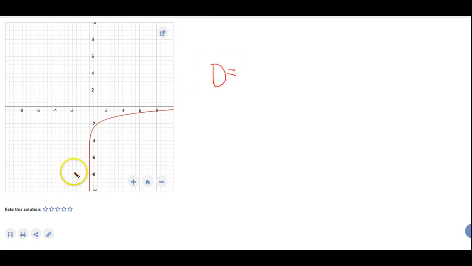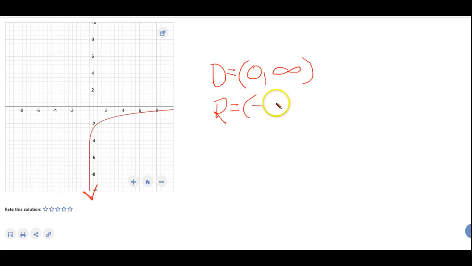So the domain, again, our vertical asymptote is 0 here, the y-axis, so it doesn't ever reach it. So it's 0, positive infinity. And for the range, it's coming up from negative infinity, and eventually will go up here to positive infinity.